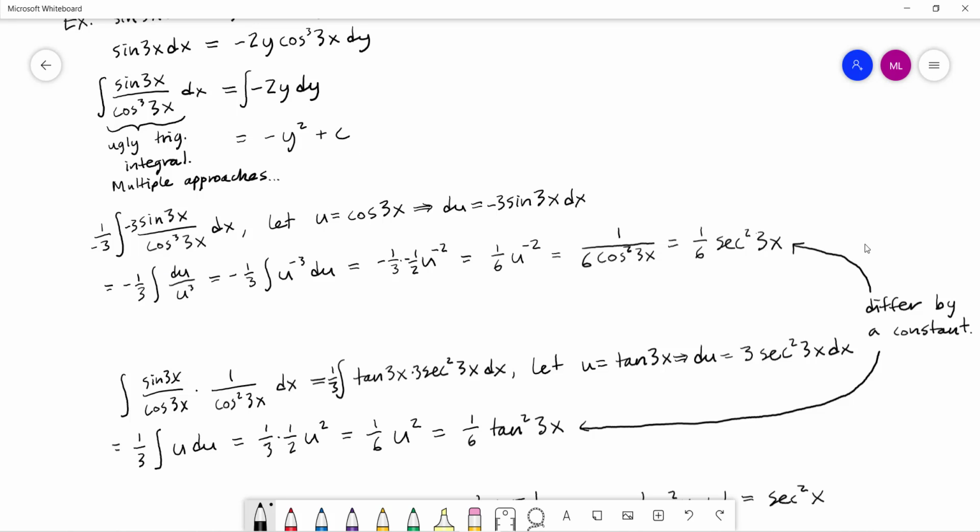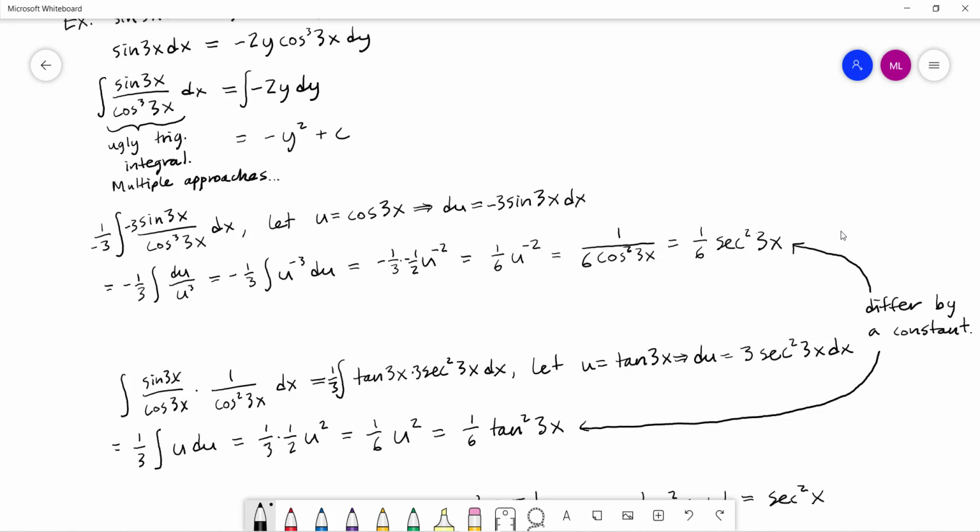If I use this as my answer, and then plug in some initial condition to find c, I'll get a different c than if I use this as my answer and plug in that same initial condition to find c. So they're equivalent, they differ by a constant, but we're allowed to have our solutions differ by a constant because we have an unknown constant of integration in both of these terms, right?